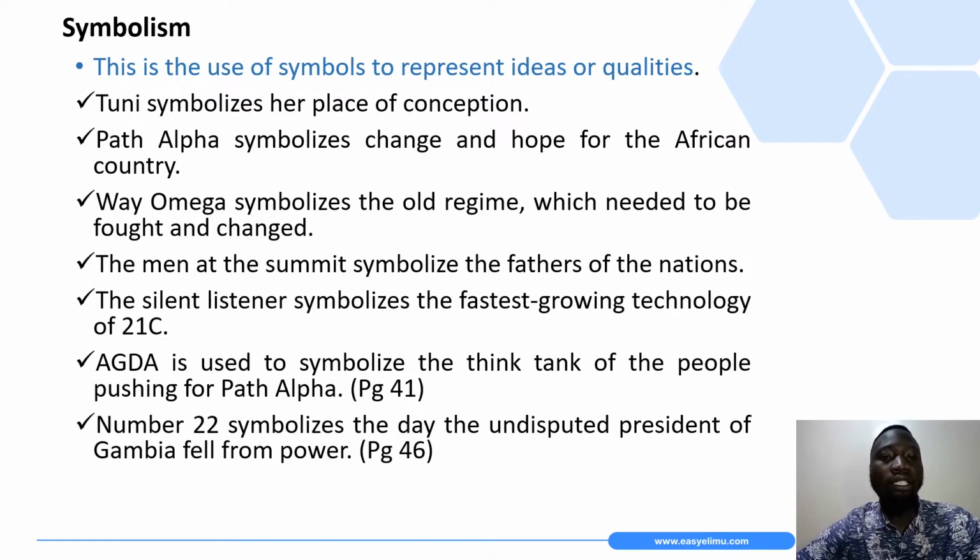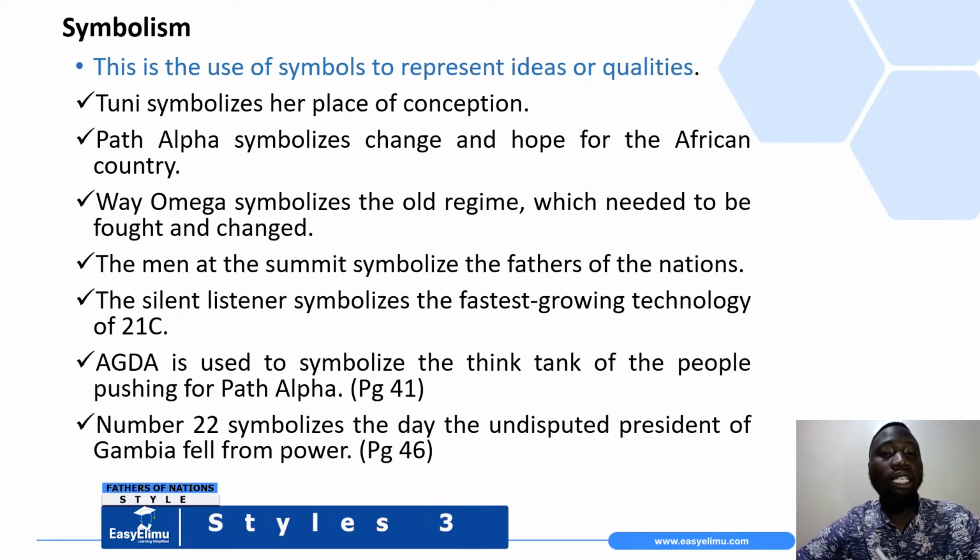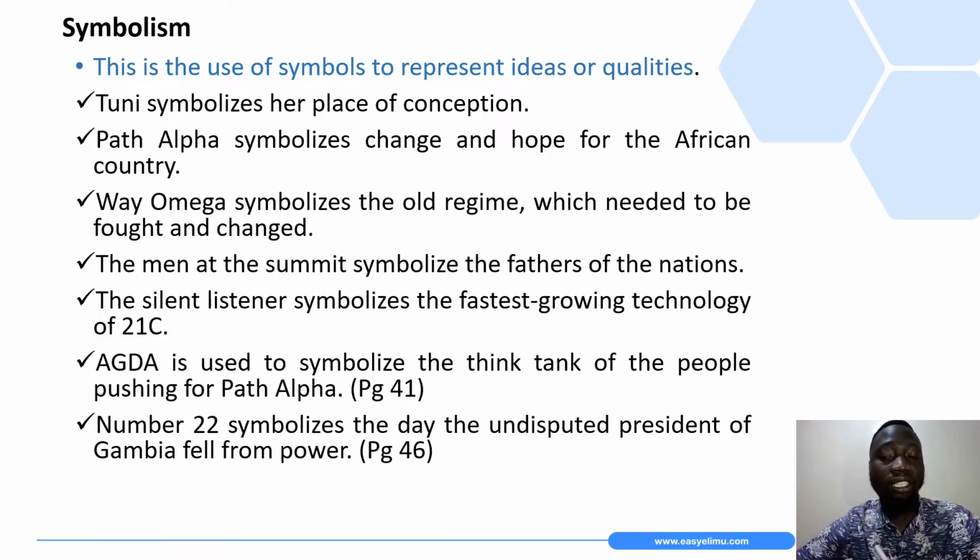So we have got some signs and the things that they symbolize in the novel Fathers of Nations. To begin with, we have the name Tuni. Remember, we are told that Tuni is just a nickname. Tuni is Professor Kimani's daughter who died in a road accident. Her real name in the text is Tunisia.